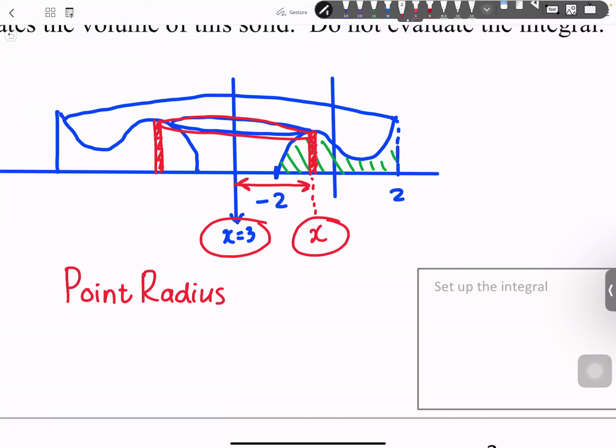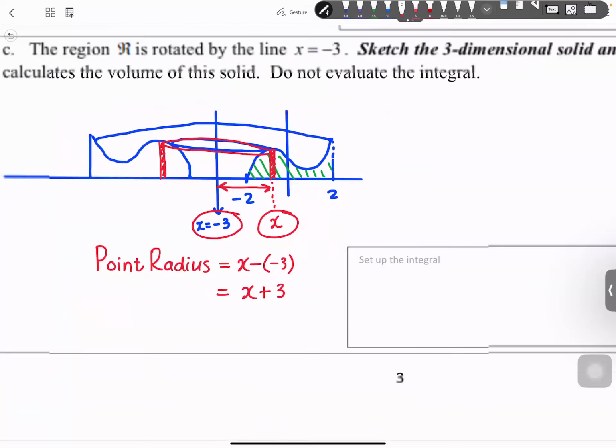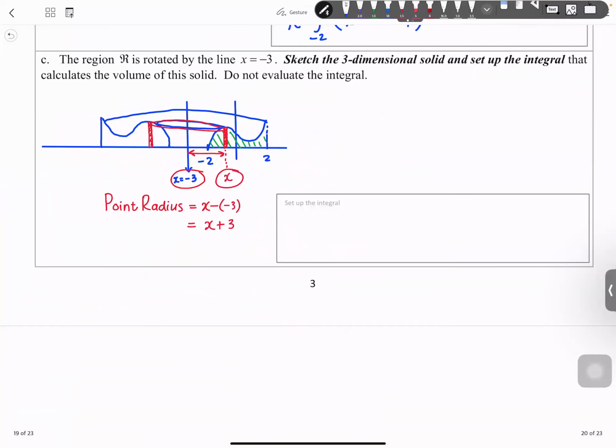In this case, and I didn't mark this very well, this is the line x equals -3, not x equals 3. All right, so the point radius is going to be x minus -3. So it becomes x plus 3. I'm going to remind you that the formula for shell method says volume equals 2 pi times the integral of the point radius times top minus bottom dx.